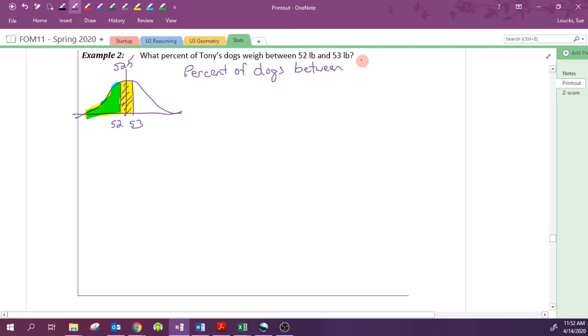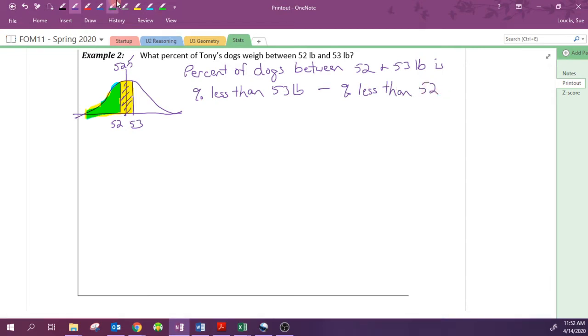Okay, so I'm going to write that up and I'm going to say that the percent of dogs between 52 and 53 pounds is the percent less than 53 pounds minus the percent less than 52 pounds, because that's going to be the yellow bit minus, well, I'm going to use a green, less the green bit.